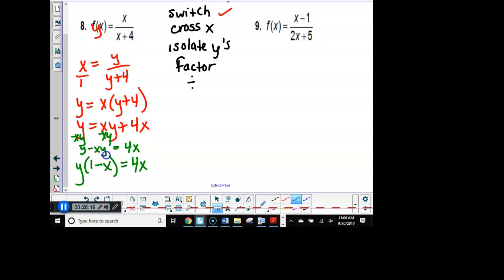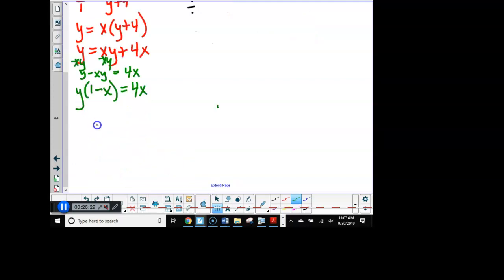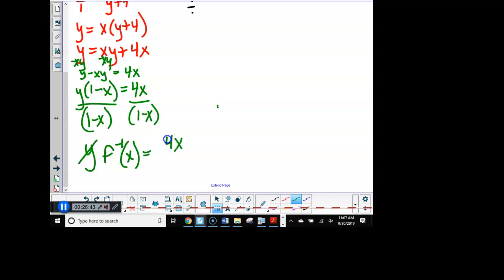Y minus xy, if we take out a y, would be 1 minus x. Now, can we isolate the y? What's the last step? Yep, divide both sides by 1 minus x. So we get y, or f to the negative 1 of x, equals 4x over the quantity 1 minus x.